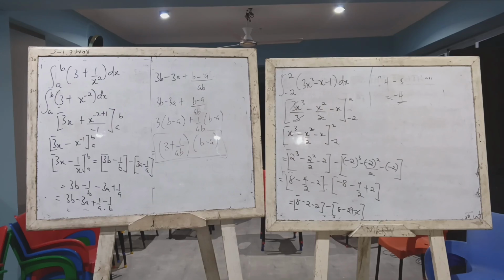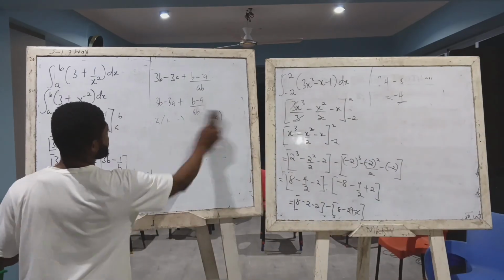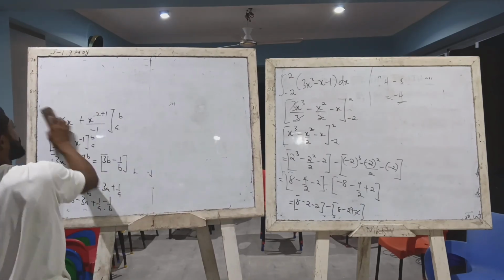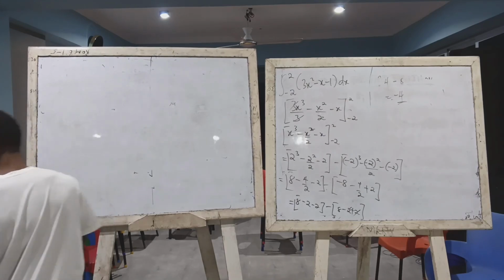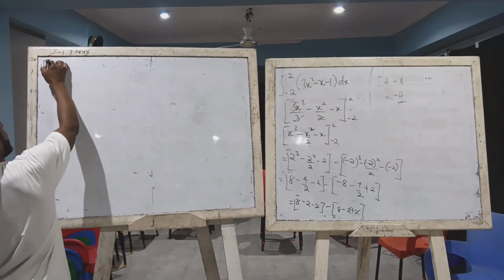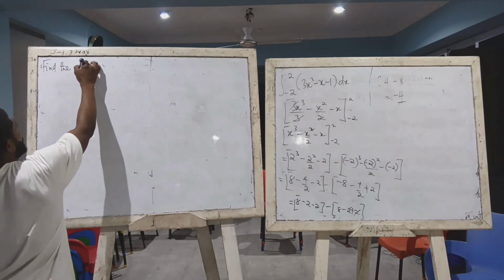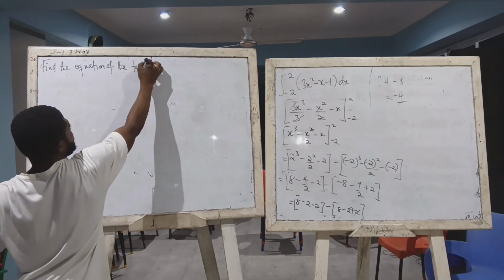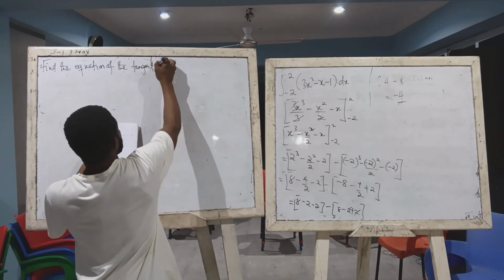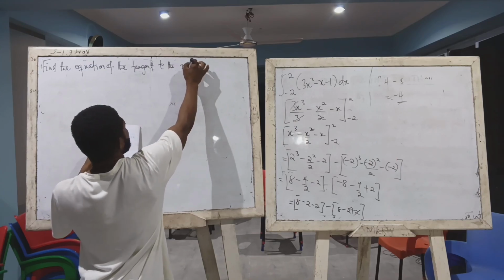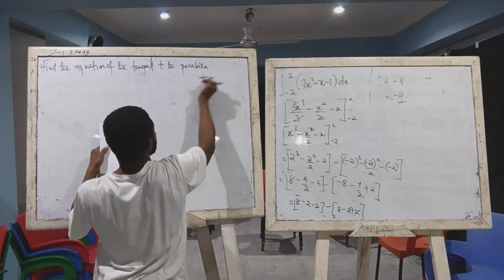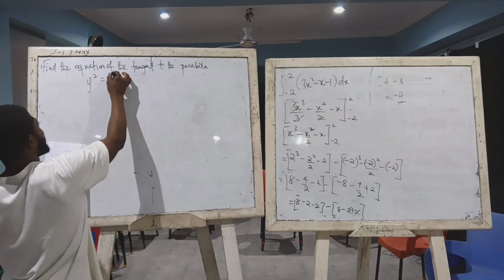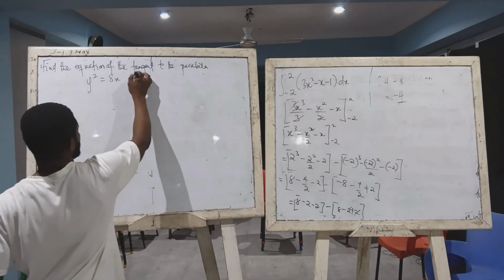Yeah, so the last question for the day reads that we are to find the equation of the tangent to the parabola y squared is equal to 8x at 2, 4.